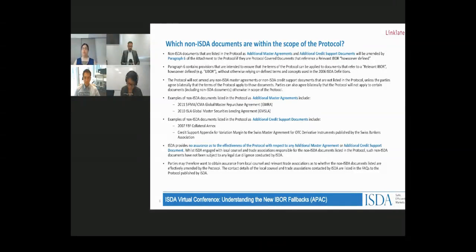Before I move on to the last couple of points, I do want to mention, it's not something we've written down in the slides, but do keep in mind that as helpful as the scope of the ISDA protocol now is, there are some trades that don't fall within it.